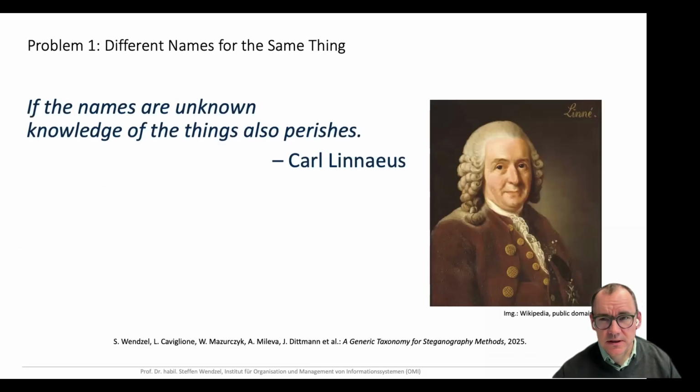Because there are many taxonomies available. Why do another one? First of all, we need to agree on common terms in science so that we all know what we are talking about, and also to keep the knowledge alive.